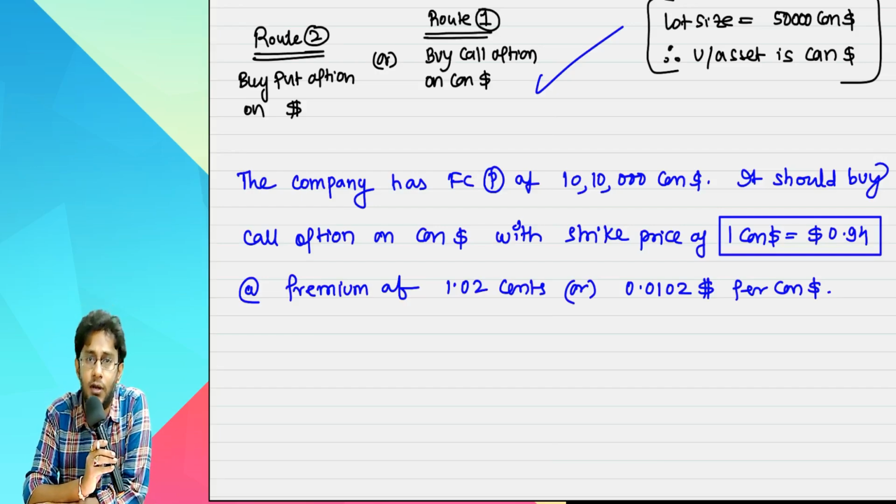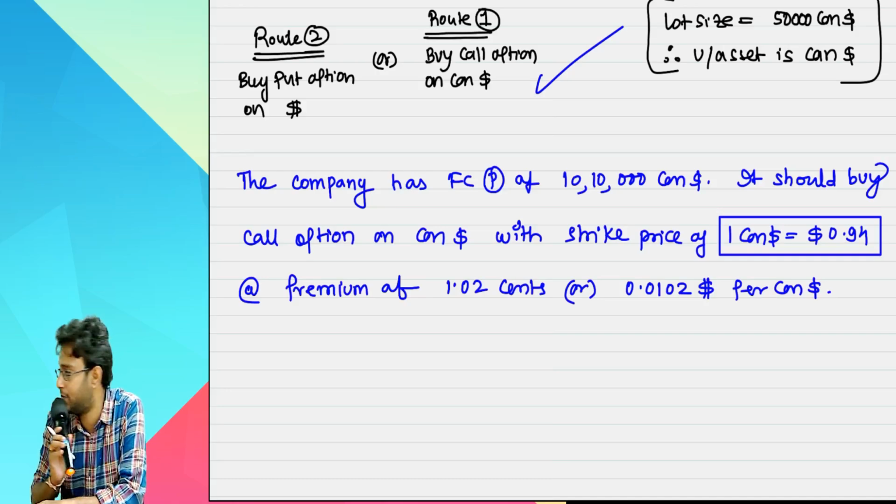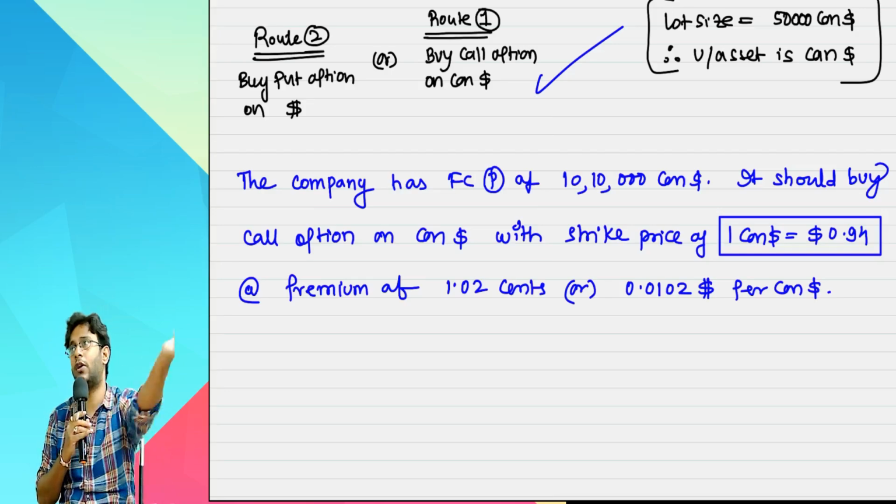Very clearly observe, sir. The underlying asset is CAN dollar, so the premium cannot be in CAN dollar. Premium will be in the other currency. Premium cannot be in the underlying asset currency. So that's very clearly what you should be writing.